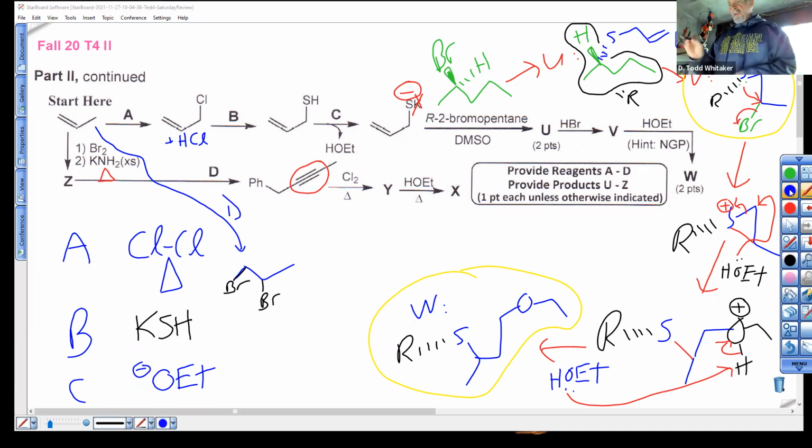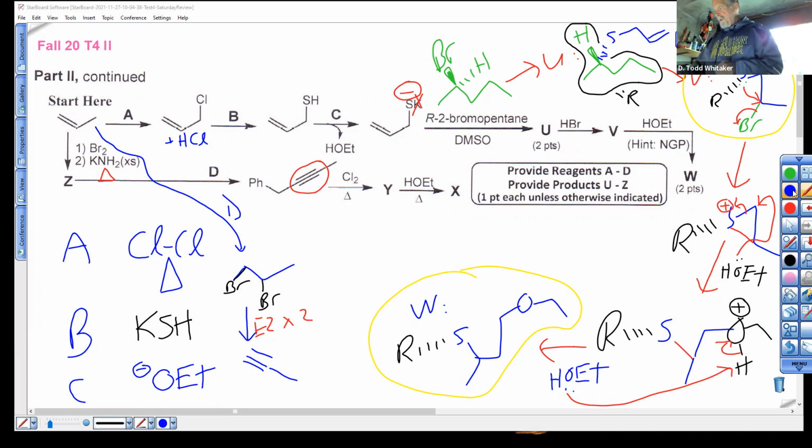So strong base, heat, E2, you're going to do E2 times 2. I'm going to write that down, E2 times 2. You got 2 leaving groups. Each one makes a new pi bond. You've made product Z right here, almost. When does this end?